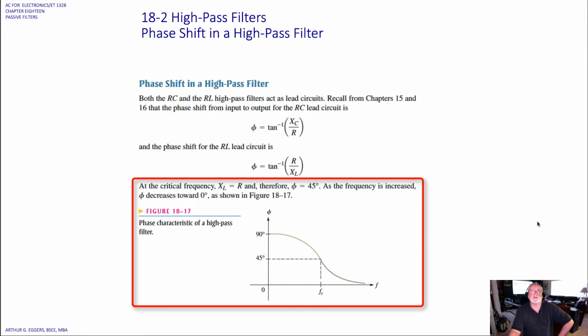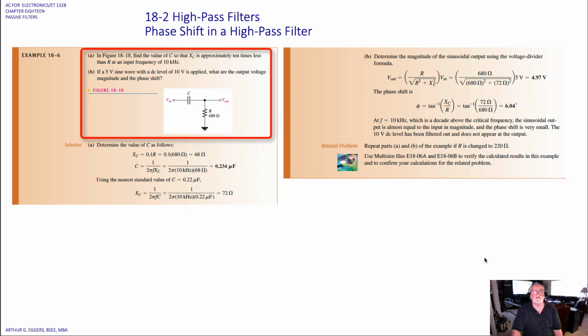As the frequency increases, phi decreases towards zero as shown. So again, this looks similar to the previous one we saw, but now we're in the positive angles instead of the negative angles.